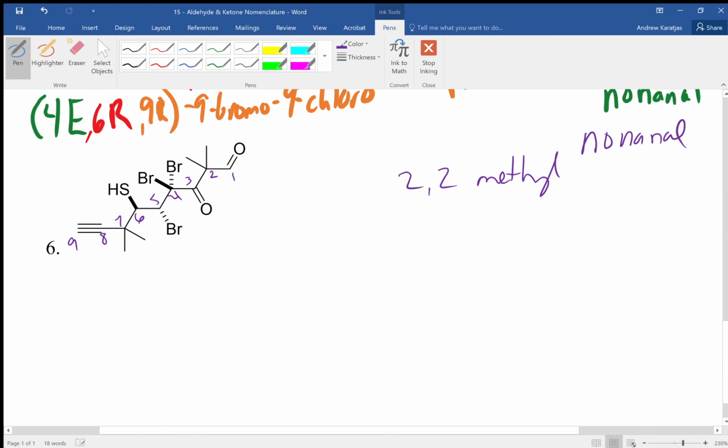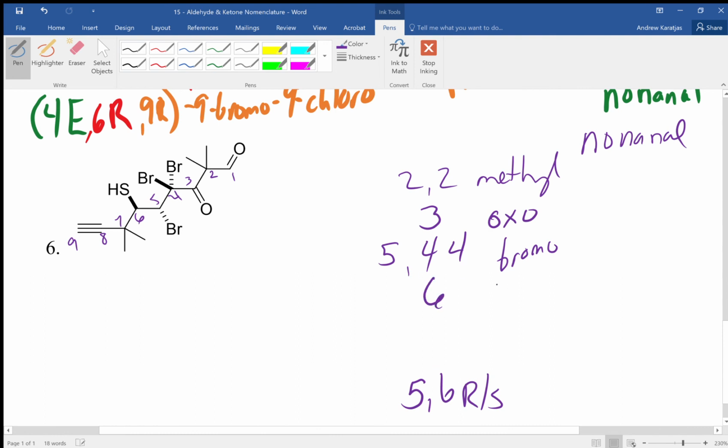We have another methyl at 2. At 3, we have a ketone. At 4, we have a bromine. At 4 we have another bromine. At 5 we have another bromine. 5 is also chiral. 6 is chiral. 6 is also a thiol. And remember, when a thiol is a substituent, we call it mercapto. We have 2 more methyls at 7. And then we have an alkyne at 9.